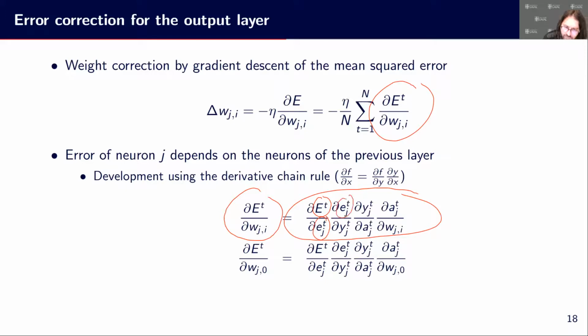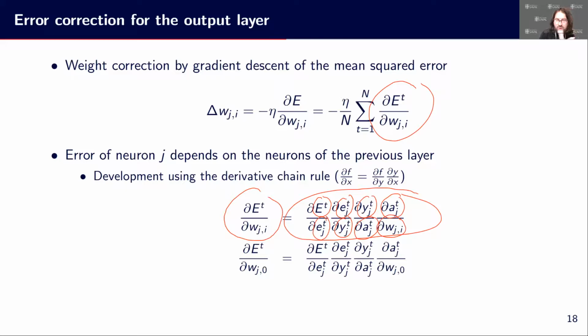Then we use the derivative of e_j^t over the output of the neuron j for the sample t. Then we look at the derivative of the output of that neuron after applying the activation function, versus a_j^t, which is the value before the activation function, so the input of function f. And then we look at a_j^t, which is basically the linear model that we have in a neuron, so the partial derivative of a_j^t versus w_ji.